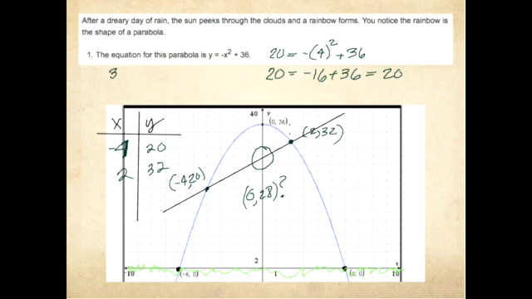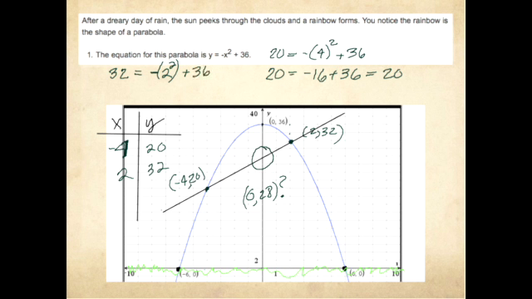32 is my y, so this is going to be 32 is equal to a negative 2 squared. Many people might get their order of operations mixed up here and feel like they're supposed to square -2, but you square 2, and then you make it negative. And then this is plus 36.